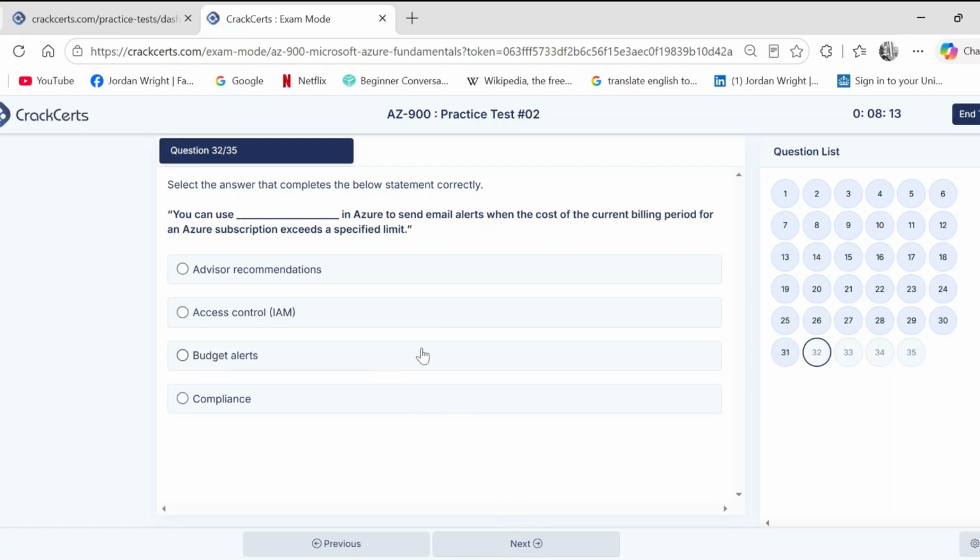So you can use something in Azure to send an email alert. It's the alerts, the budget alerts. Straight in there.